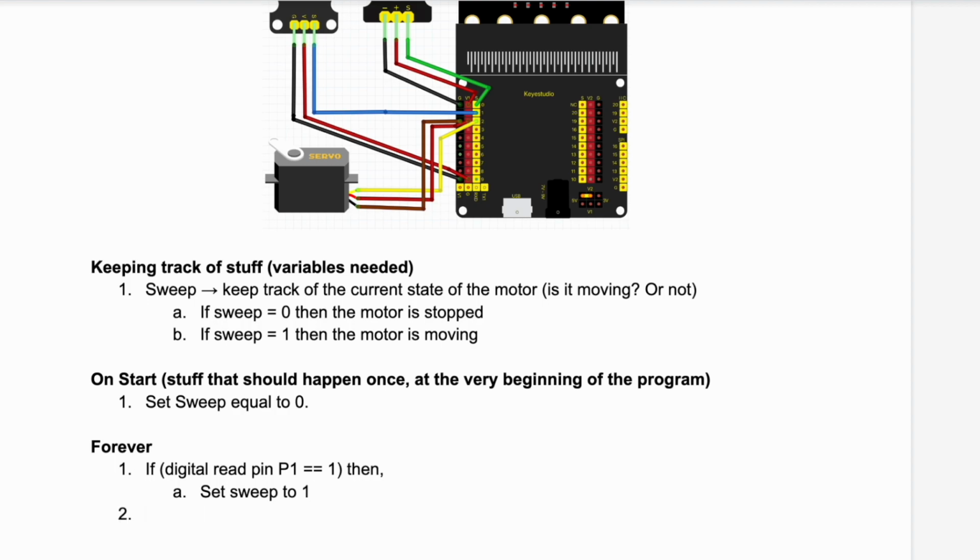So now we want to think about, okay, how are we going to actually make the motor move when sweep equals 1? Again, there's several ways to do this, but since we want to keep the motor moving until another trigger is pressed, while we probably could use an if statement here, since we're in a forever block or forever loop, a best practice would be to use a while loop.